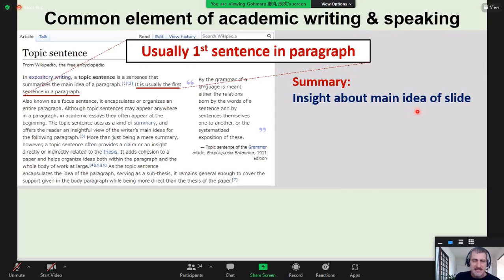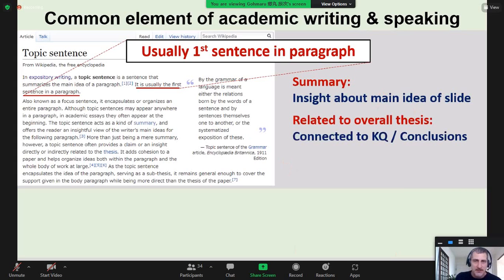And so for a presentation, each slide is like a paragraph. And we start by summarizing, giving the answer for that slide first. That first sentence should also reveal its relation to the overall thesis. In other words, its connection to the key question and the conclusions.